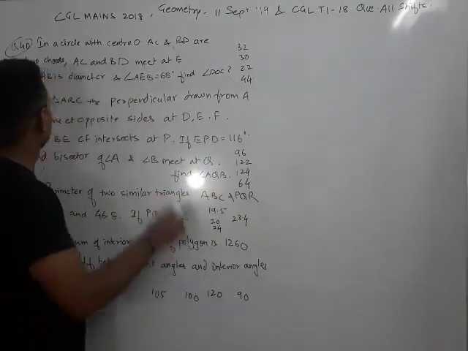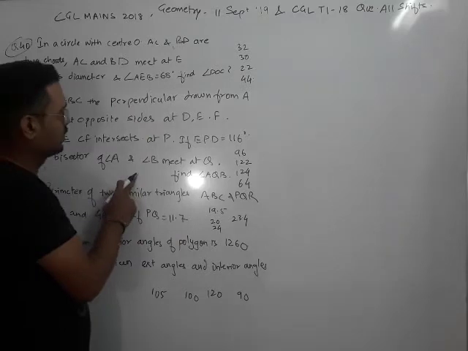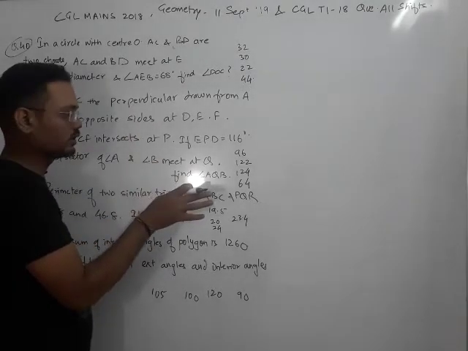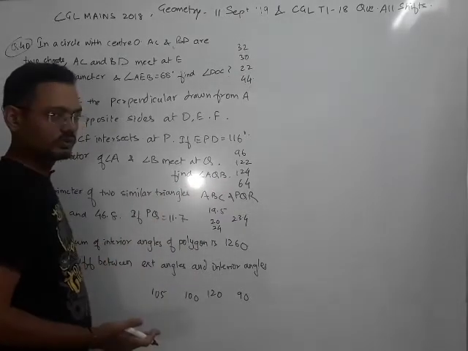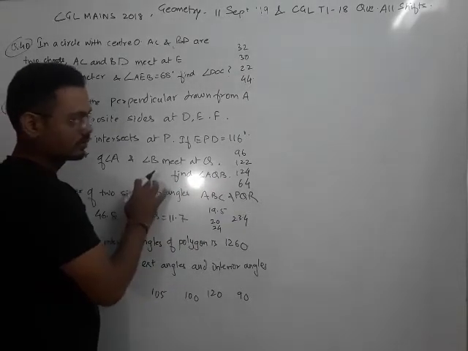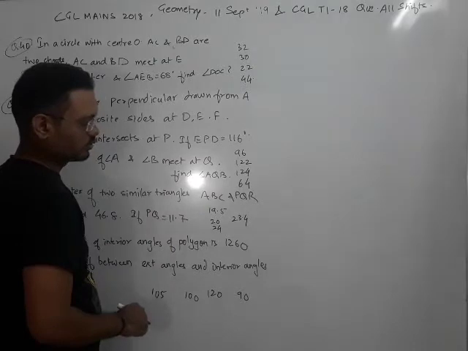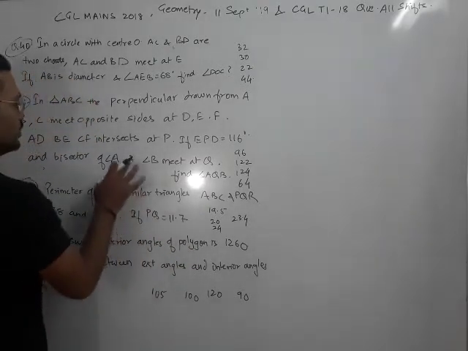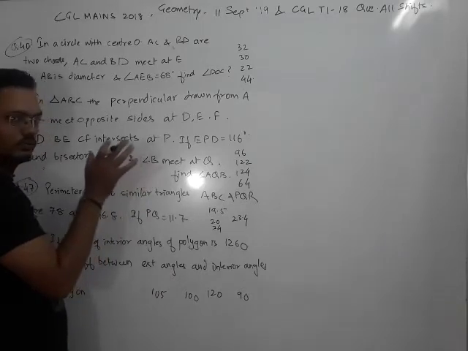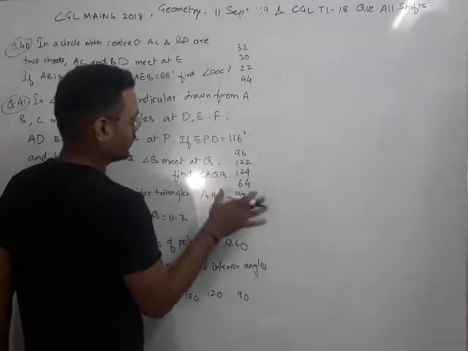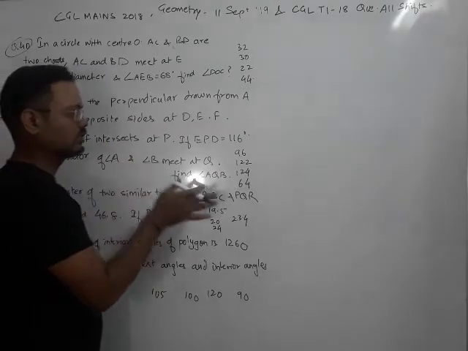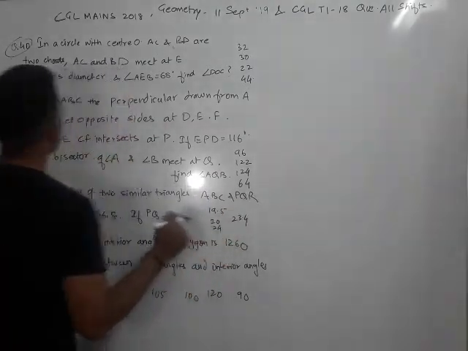This is a very big question. The moment you read this, if you are in a hurry, or towards the end of the paper, you might just skip this. Options are also very close. So, in short, if you are aware of such questions, you've done it multiple times, you will be able to relate. Now let's start each one.